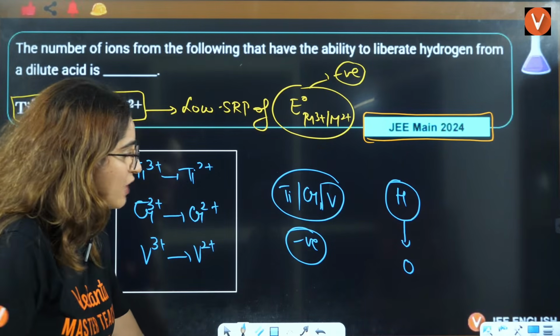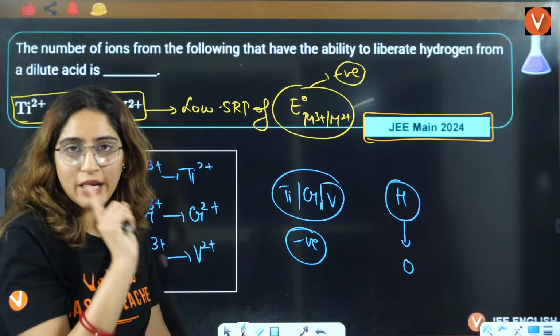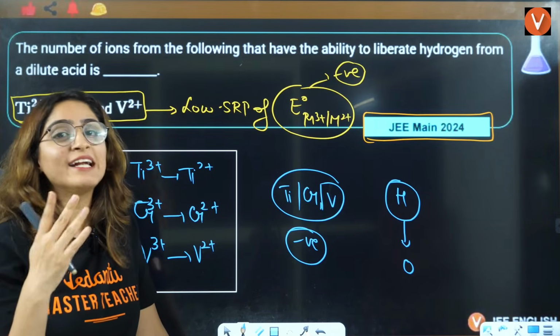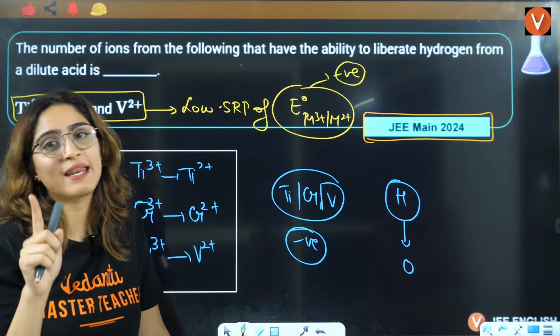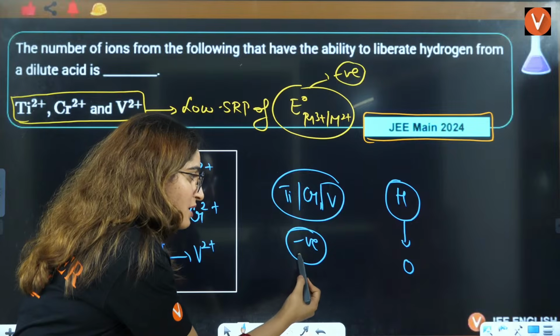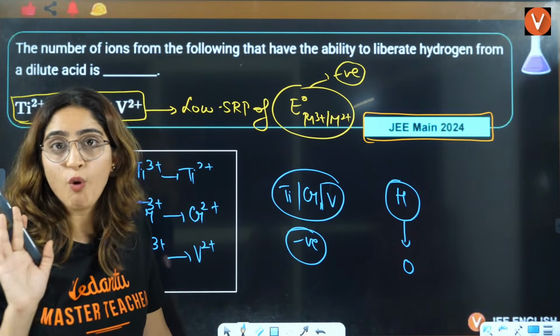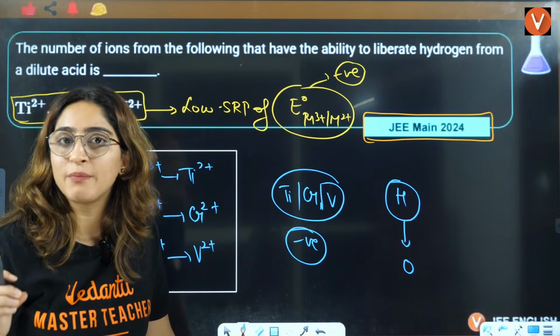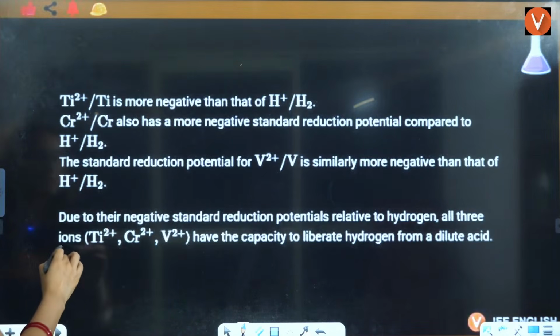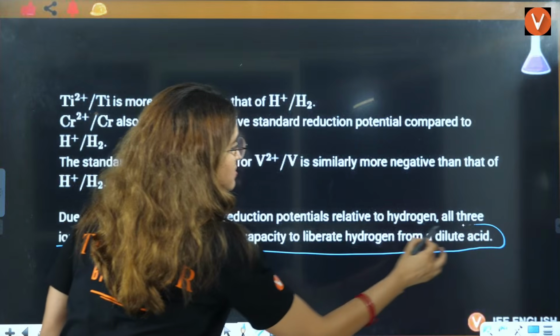If it has less reduction potential as compared to hydrogen, then it is able to liberate hydrogen, so we can say yes, they have the capacity to give off H2.